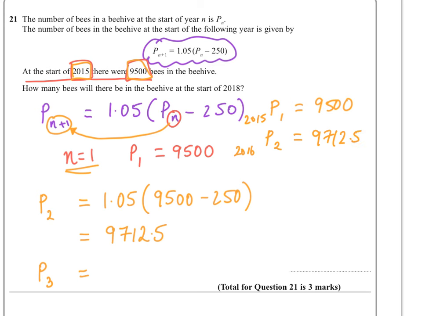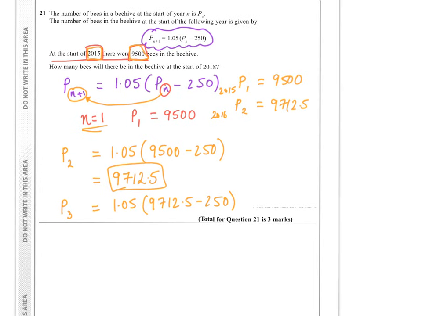So P of 3, well, that will be 1.05 lots of the previous year's worth. And we take away 250 as normal. So let's put that into our calculator and see what we get. In this case, I get 9935.625. So that would be at the start of 2017. So I'll put that in here.